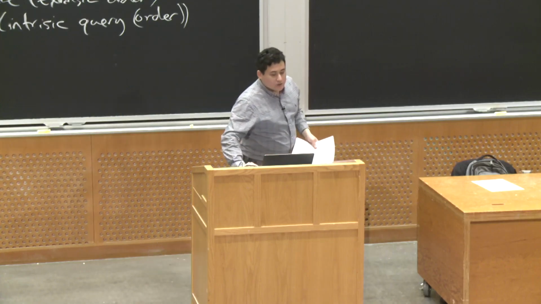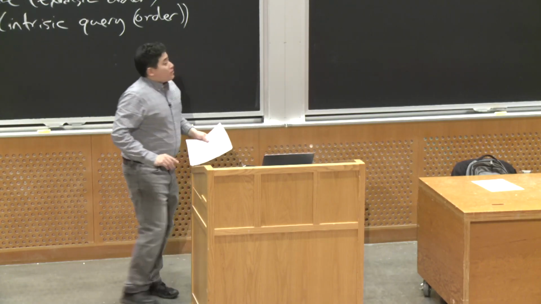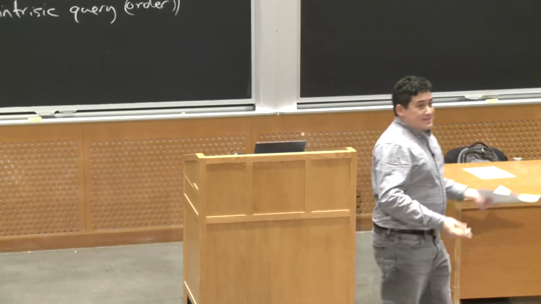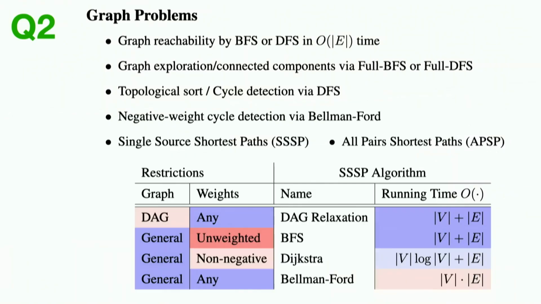In quiz 2, we were kind of like, okay, now you know how to find things within just a flat list of things. You can put it in a data structure. But in a sense, a graph is a special kind of data structure that relates the different things in your input. So if you've got a bunch of vertices, there's now a relation between those vertices, which are your edges.